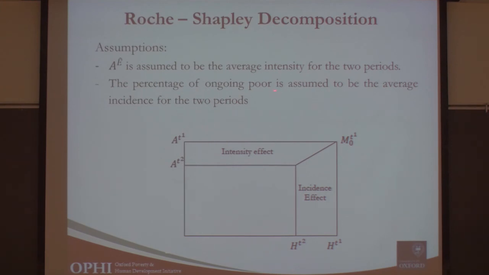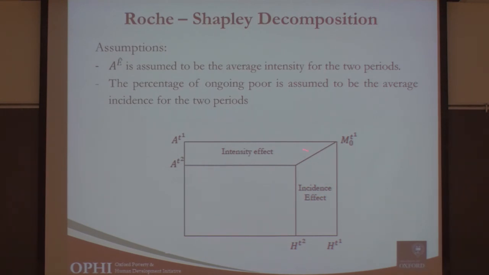And Shapley assumes that the percentage of ongoing poor is the average incidence of the two periods. So that if you take the average of the headcount ratios in the two periods, these people actually are ongoing poor.